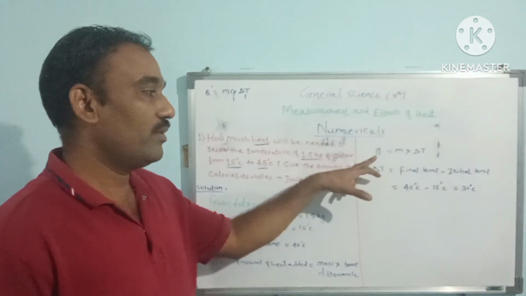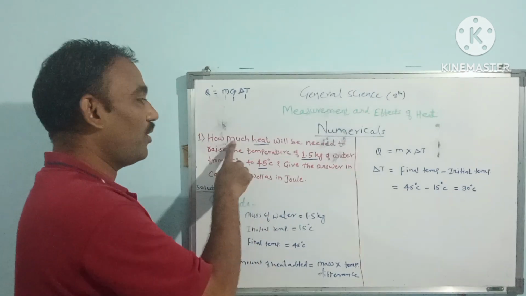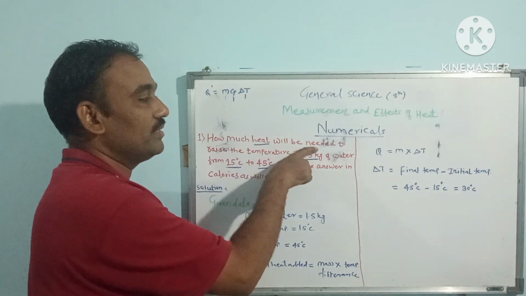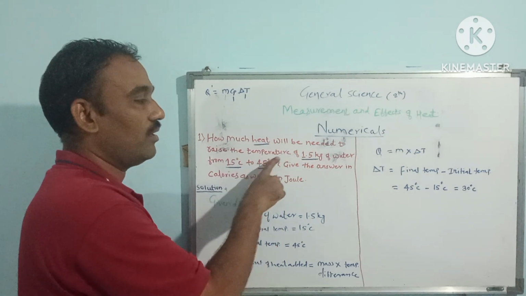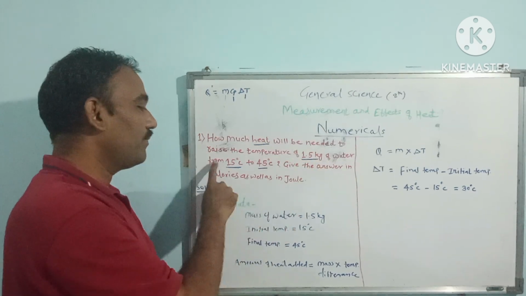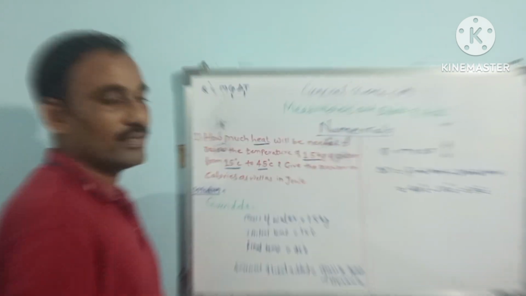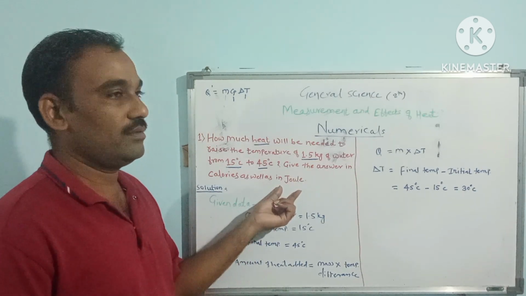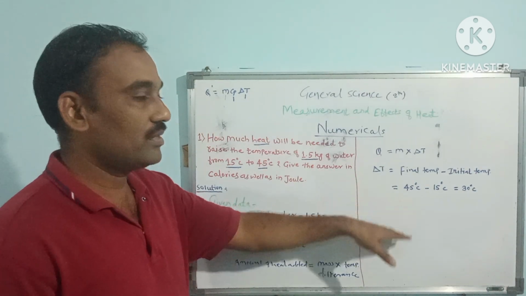Now we can find out the amount of heat. In the problem it is asked to find the heat needed to raise the temperature of 1.5 kg of water from 15 to 45 degrees Celsius. One more thing is also asked in this problem; we will see it after this calculation.